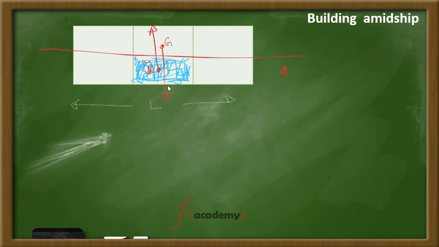These forces should always be equal for a ship to float. Just because water went in, we have lost buoyancy. So for a ship to continue floating, buoyancy and weight need to balance each other.